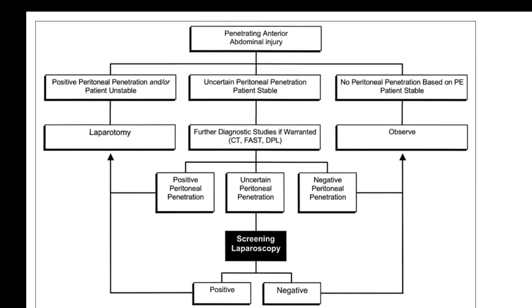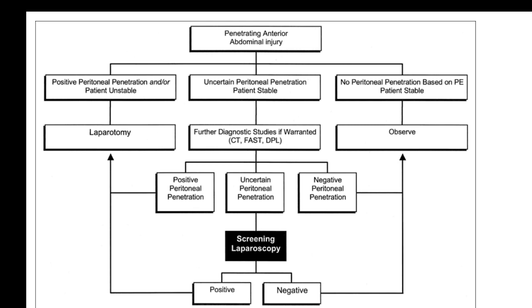Of course, in the case of penetrating abdominal injury, the general protocol in the present-day paradigm, the algorithm of treating that patient, would be: if the patient has a confirmed peritoneal penetration, then laparotomy is more suggestible now. So you have to open and then identify the issue. In uncertain peritoneal penetration, where the peritoneum is not confirmed to be penetrated, you have to go for diagnostic investigations.